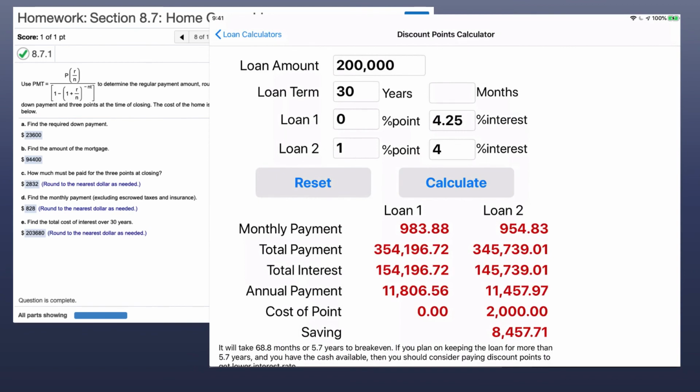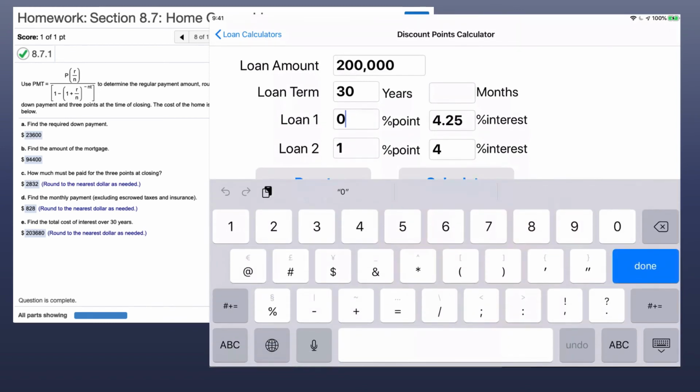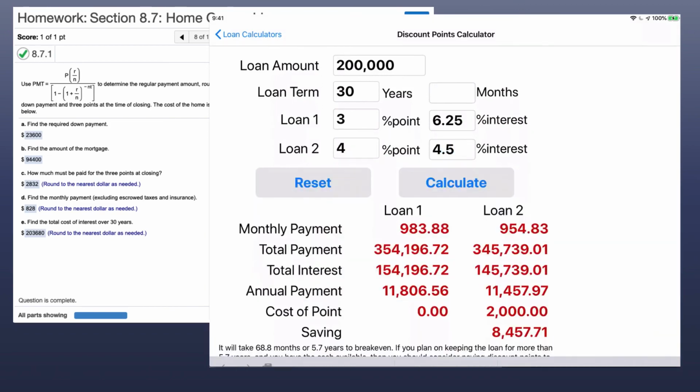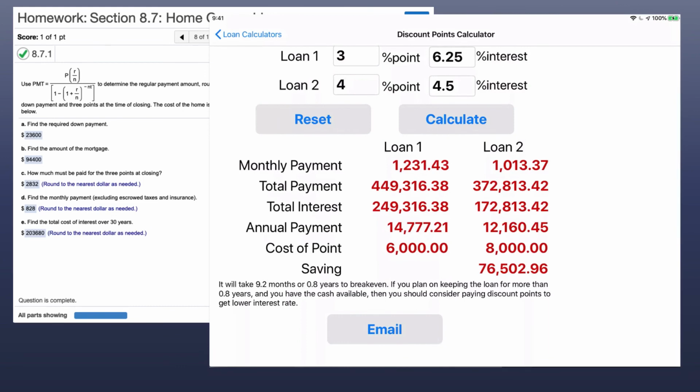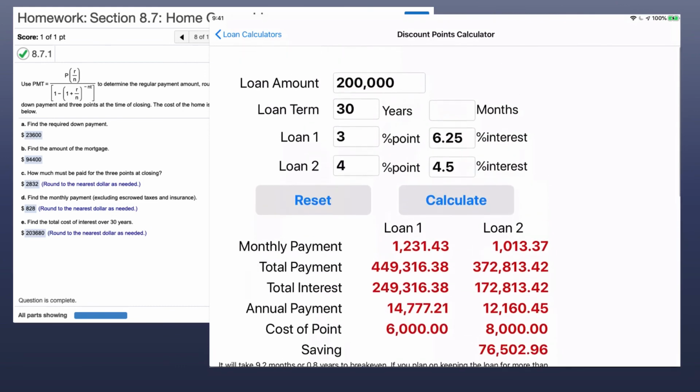Yeah, so here you can compare a loan for 30 years and say, oh, well, there's an option of 3 points at closing at 6.25% versus 1 point, or maybe 4 points at closing at 4.5% or something, and then this will tell you, oh, loan 2 will actually save you $76,000, right?